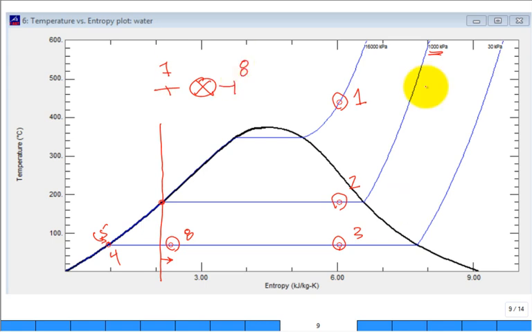It dropped the pressure down to 30 kilopascal. What did it do to the temperature? Dropped it significantly. And the quality went from saturated liquid to some two-phase mixture. What did we say, around 20% quality? So state 8 is a hard one to put on there, but that's where it is on the TS diagram.